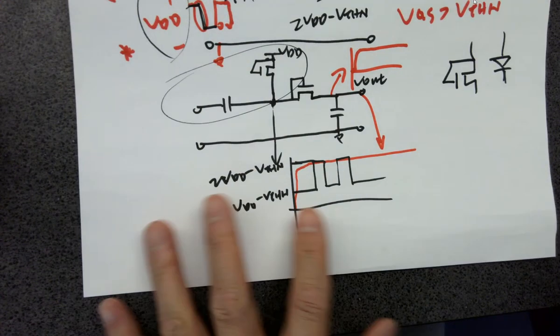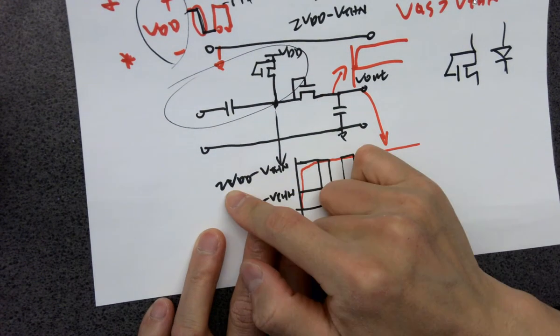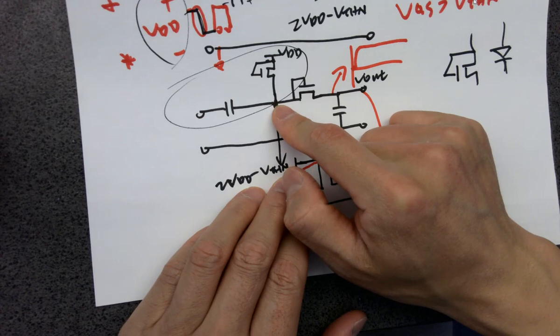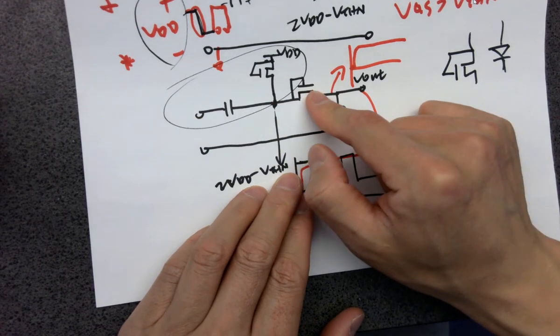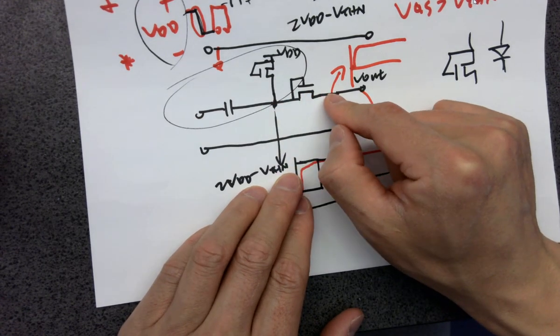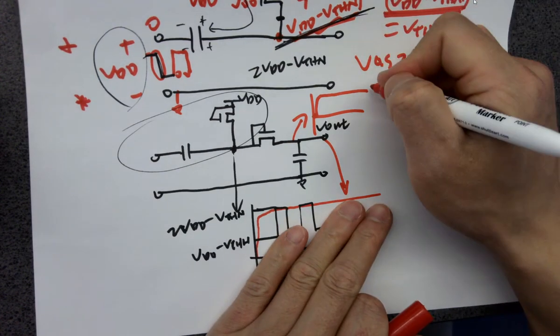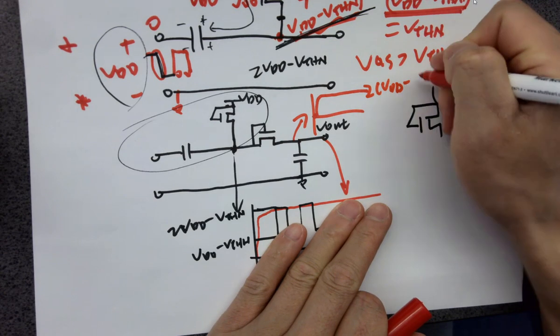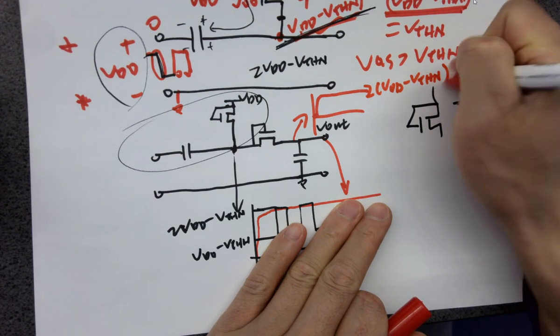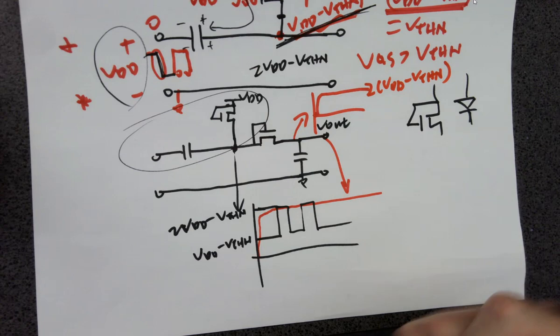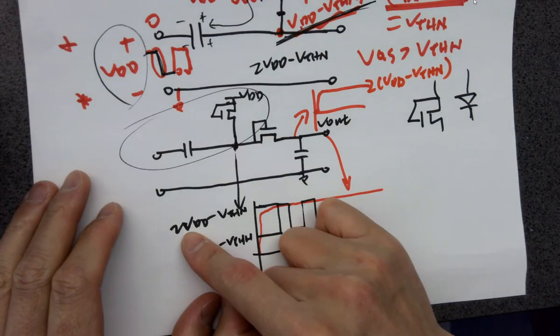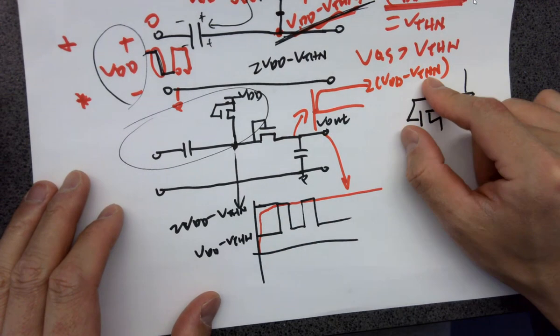So very similar here. Since we know the peak voltage you are getting here is 2 VDD minus VTHN, after passing that NMOS, you are losing another VTHN. So eventually the voltage here becomes what? 2 VTHNs, right? So even though you got 2 VDDs, you are also losing 2 VTHNs.